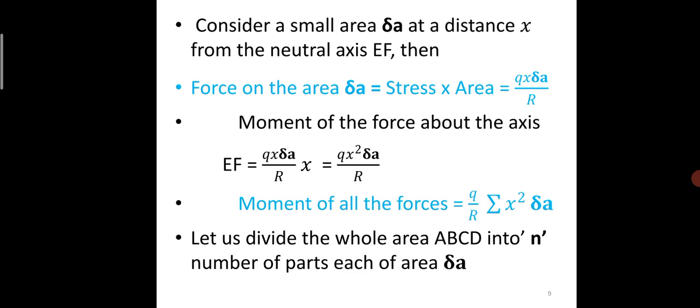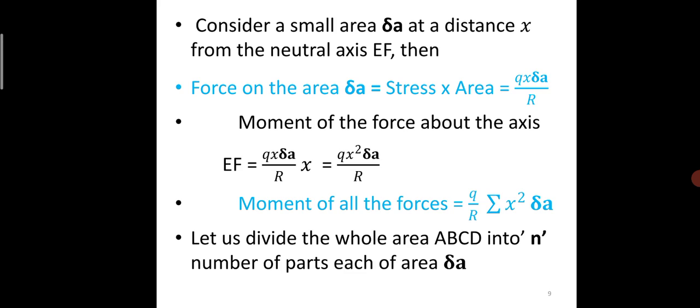The force is Qx delta A by R into x, and it is equal to Qx square delta A by R. Then the moment of all the forces is equal to Q by R into summation of x square delta A.